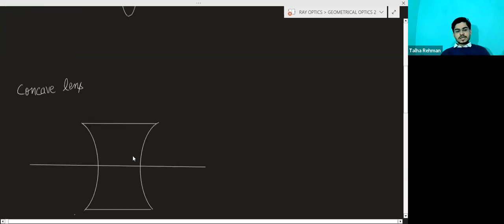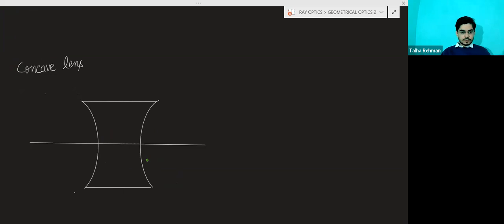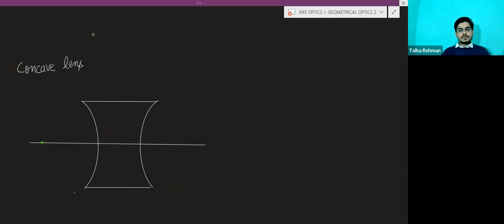Now for the concave lens, suppose this is some point and rays of light are like this.